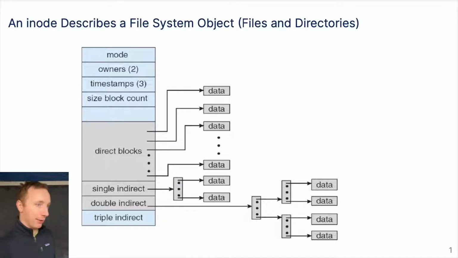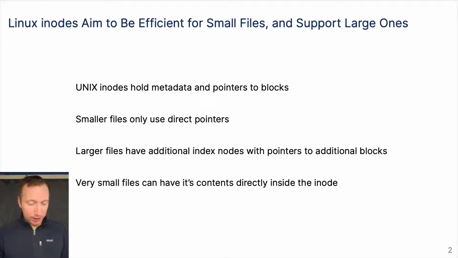So you would be wasting like 32 kilobytes on an 8-byte file or something like that, which would be absolutely terrible. So that's why there's the direct pointer. If it's small, it doesn't even allocate a block for all the pointers.